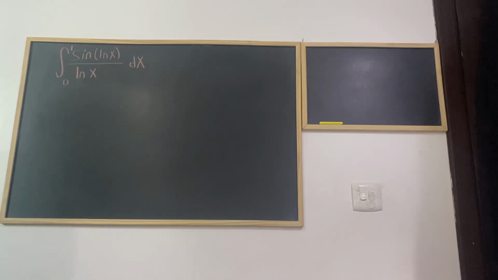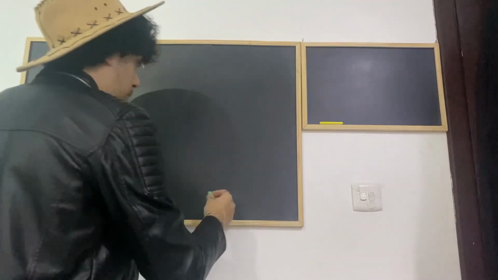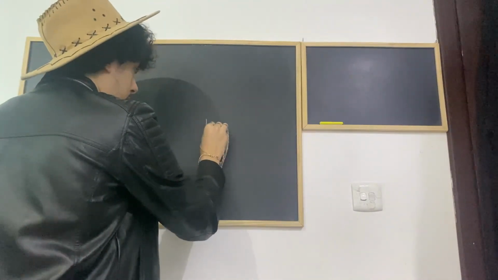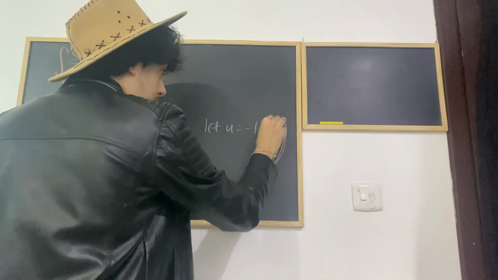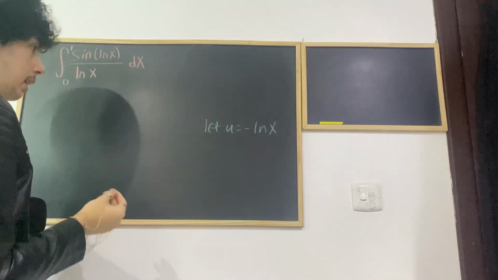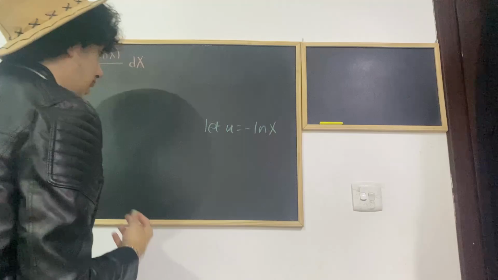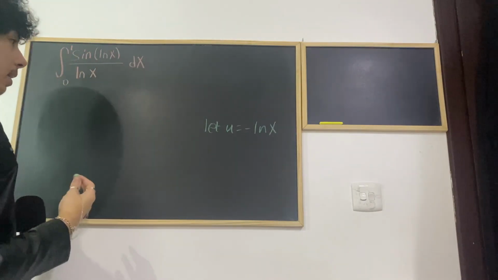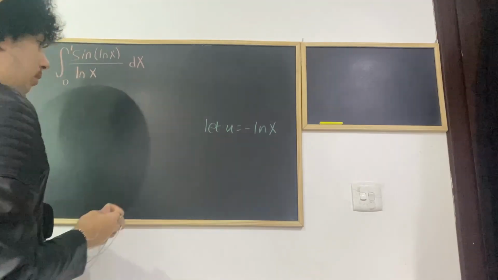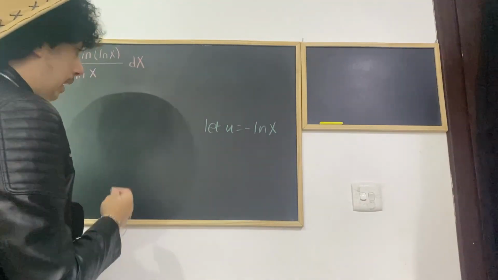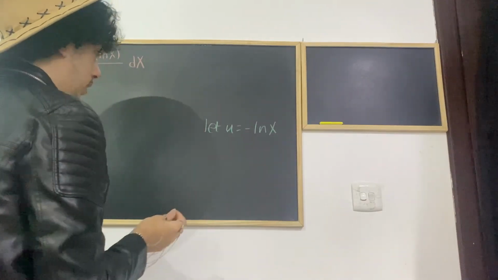First things first, let's do the U-substitution and let's do it in our corner here. So let's let u equal negative ln x. Now the reason we equate u to negative ln x instead of ln x is because later on we're going to take the limit as a variable approaches infinity, and we want an exponential function to become the denominator and drag down the entire function to 0.